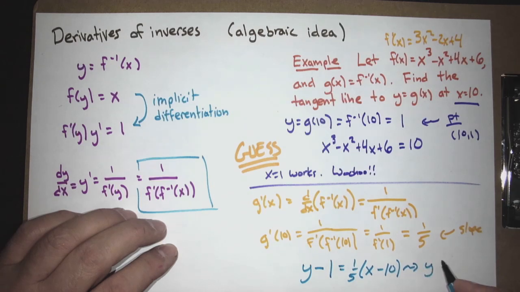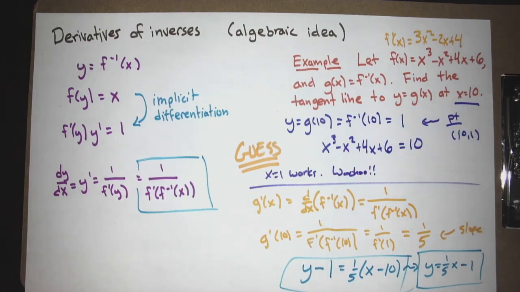You can leave it like that, or you can write this as y equals 1/5 x. Then 1/5 times 10 is a minus 2, but you're adding 1, so this becomes a minus 1. Either works. And there we go, we found our tangent line.